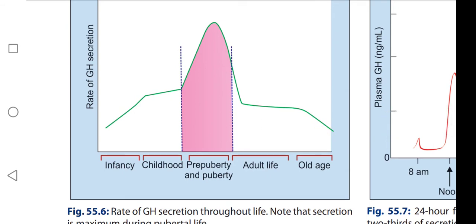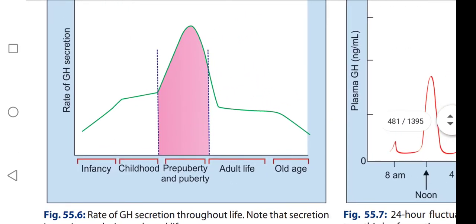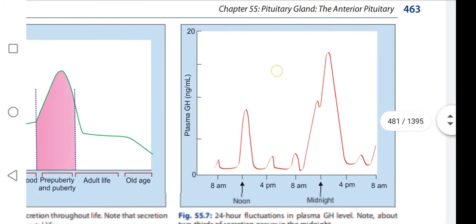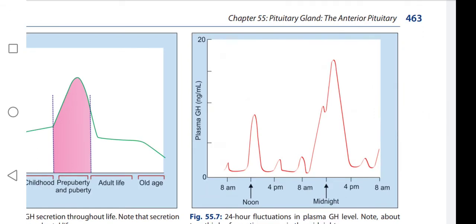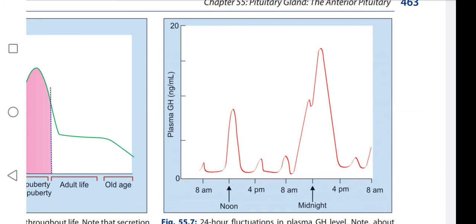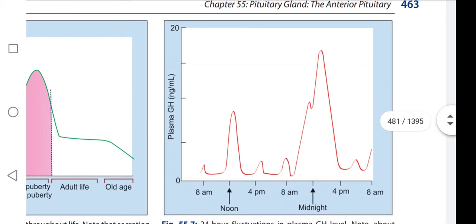There is no growth at all and only maintenance. And next, in a day the growth hormone secretion is more at midnight, that is in deep sleep, the slow wave sleep, which is stages 3 and 4 of sleep.